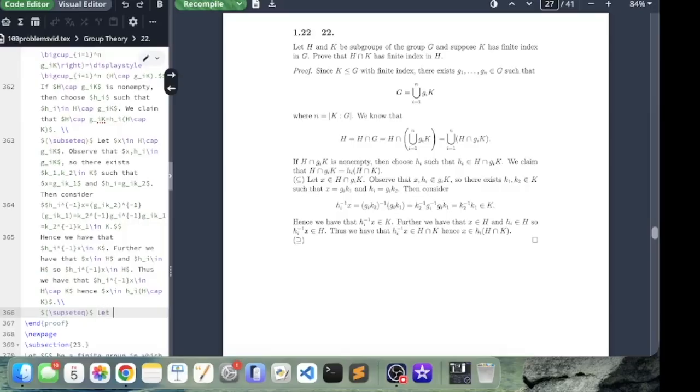We're going to let k be in H intersect K and define x to be h_i times k. So why this fits? Well, we want to start with something that looks like h_i times H intersect K. k is from H intersect K, so x is h_i times something that's in H intersect K. So we want to show that x is in H and x is in g_i K, the left coset of K.